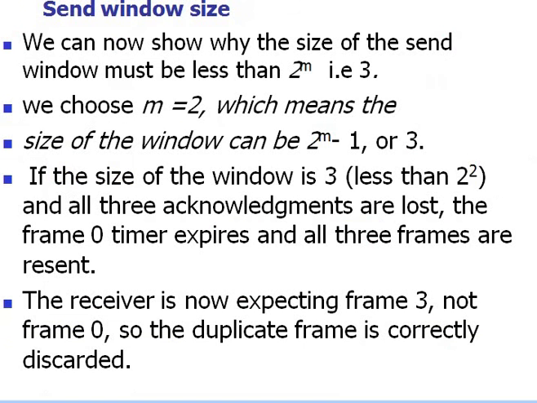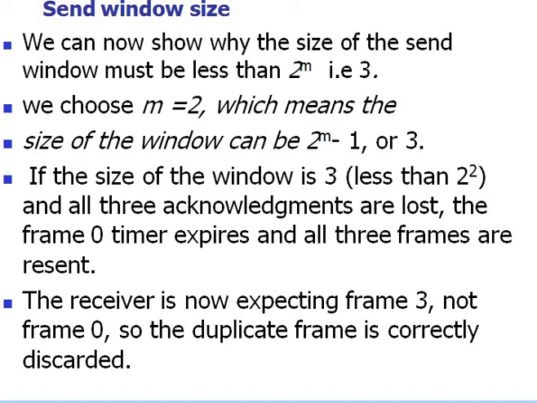Next is the send window size. It shows that the size of the send window must be less than 2 raised to m, that is 4. So here we can choose m equal to 2, which means that the size of the window can be 2 raised to m minus 1, that is equal to 3.